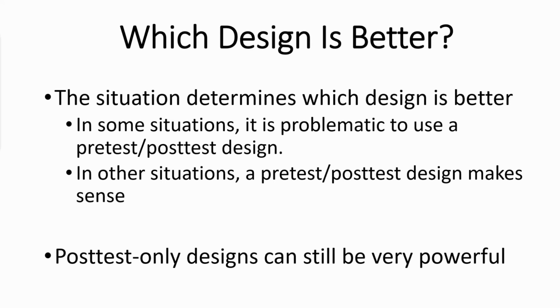If you have a well set up post-test design, it can still be very powerful. So if you have random assignment and you're manipulating the variable, then you can still be fairly confident in your internal validity. So you don't necessarily need to confirm that random assignment worked if you've done it well. So which is better is it depends on the situation and what makes sense.